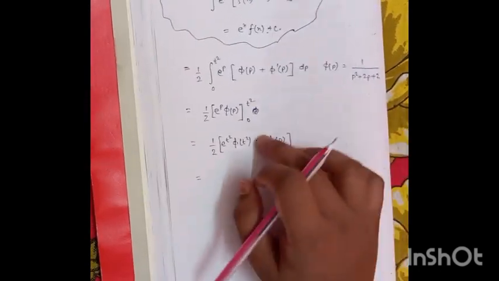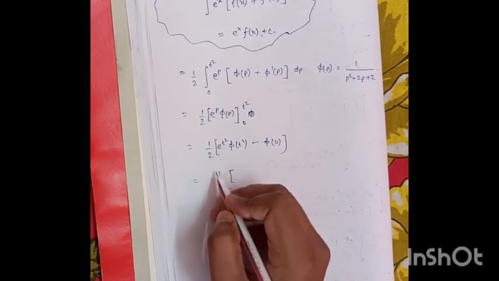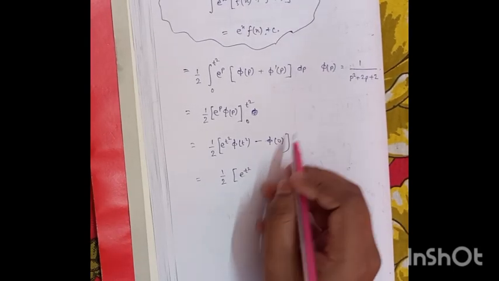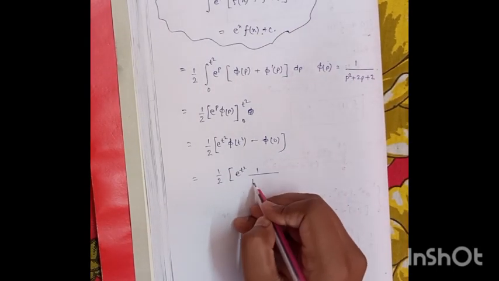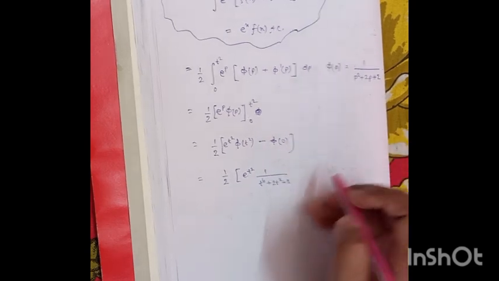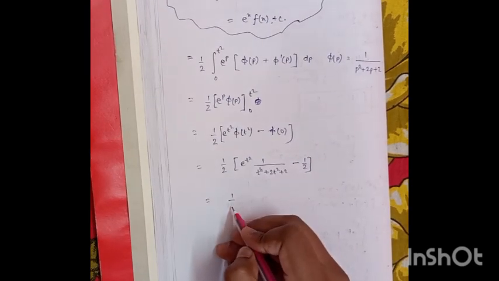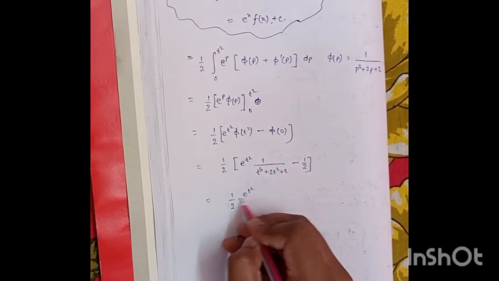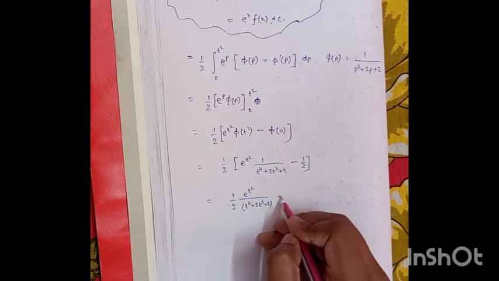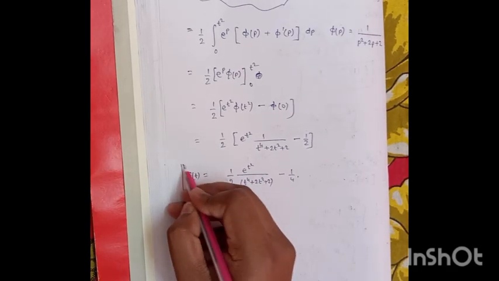Now using this we can conclude that it will be half of e to the power t square into phi of t square, meaning 1 over t to the power 4 plus 2t square plus 2, and minus phi of 0 will be half. So it will be equal to half e to the power t square over t to the power 4 plus 2t square plus 2 minus 1 by 4. This is our function of t.